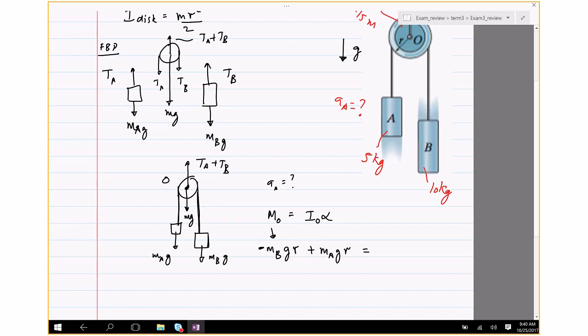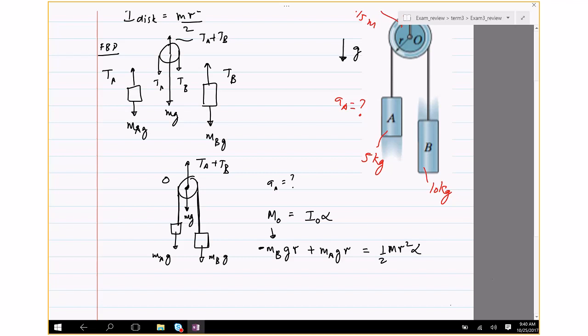Okay, then the inertia of O. This is going to be the inertia of the disk, times alpha.